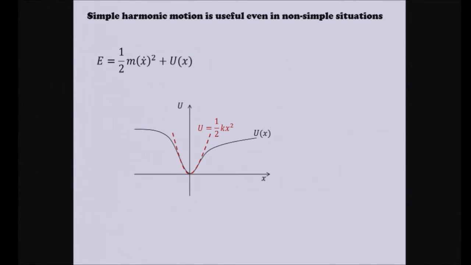You can see if I superimpose a quadratic, something like 1/2 kx squared, on top of it, you can see that right around the bottom of that well, it fits pretty darn well. So what that means is that near this minimum, near this little well right here, we can approximate this very ugly potential energy function as behaving like springs.